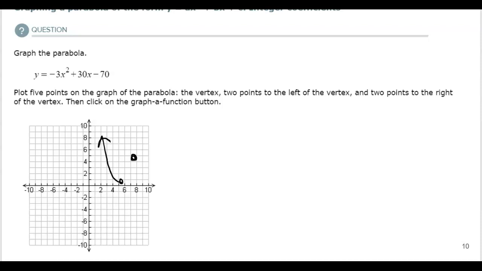Okay, this is similar to what we've been doing. We have a, b, and c, so I want you to pause, find h, find k, and then graph it, 2 points to the right, 2 points to the left.